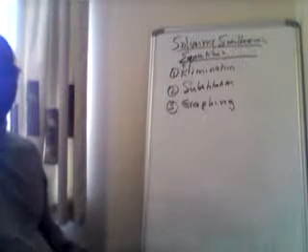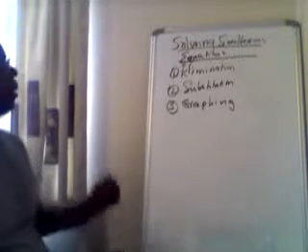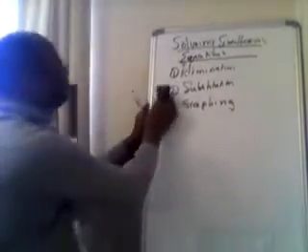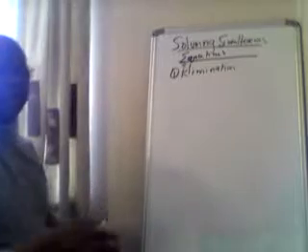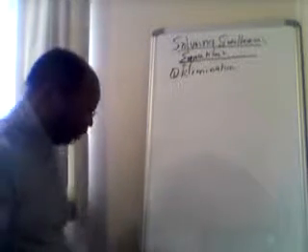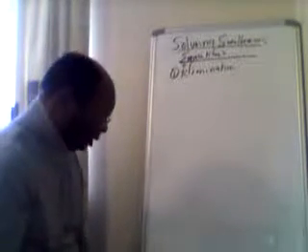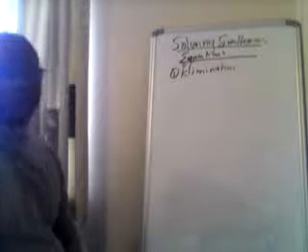Okay, so we are going to start with the elimination method. And we're going to use a past paper exam question. Now in this question, it says solve the following simultaneous equations. They haven't told us what method you need to use, therefore the choice is yours.